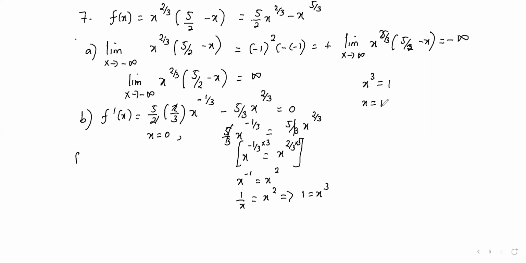Then quickly, we differentiate the function again to determine the nature. So we're going to have the second derivative, that was minus 5 over 9 x to the power minus 4 over 3, and from the other one, minus 10 over 9 x to the power minus 1 over 3.